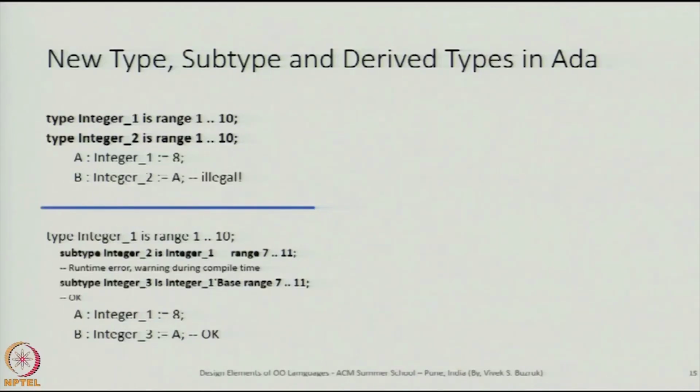For example, here I can say that integer 1 is in range 1 to 10, integer 2 is in range 1 to 10. Now I am defining these as new types, and I cannot actually assign A to B. So I will not be allowed to mix. For example, you can restrict, let's say, apples and oranges kind of thing.